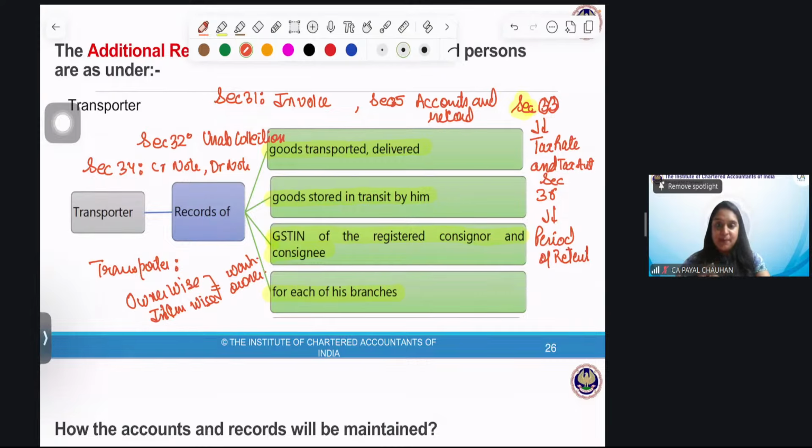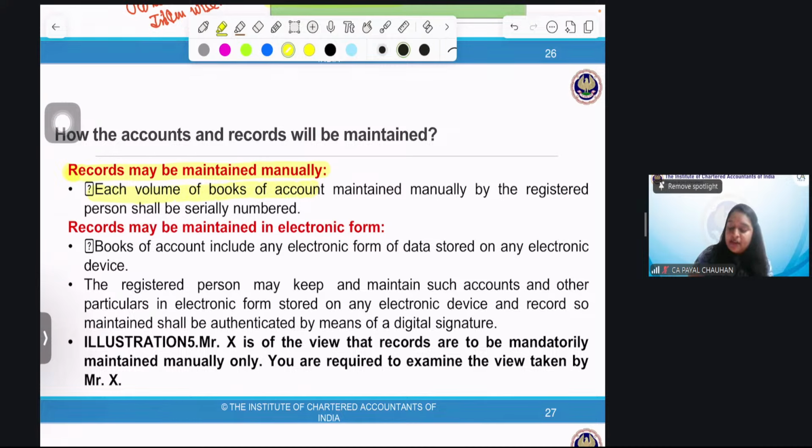Each volume of books of account maintained manually by the registered person shall be serially numbered. But of course, otherwise people can add or delete some of the pages. So every page should be serially numbered. Record may be maintained in electronic form. Books of account include any electronic form of data stored on any electronic device.